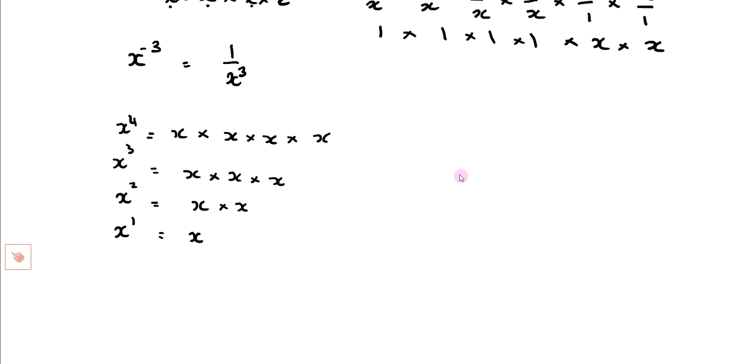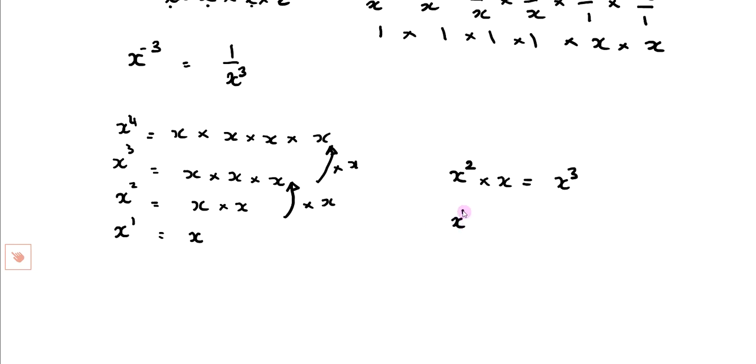So what do I do to go from x squared to x cubed? Multiplied by x. So as I move up my list, I am multiplying by x. What if I wanted to go the other way?